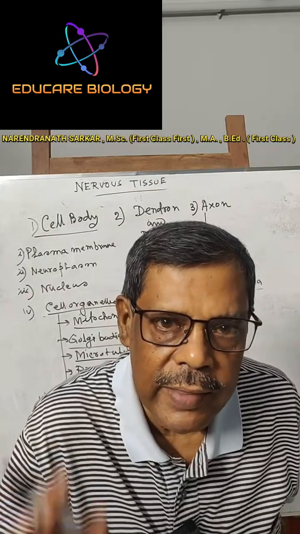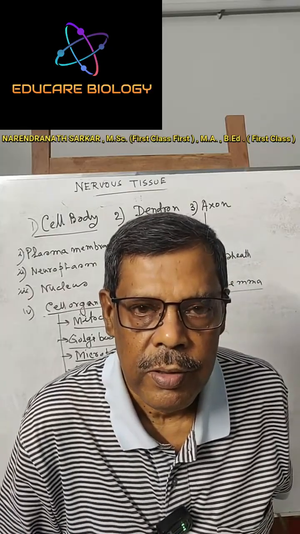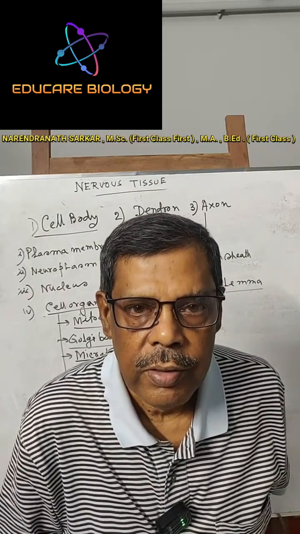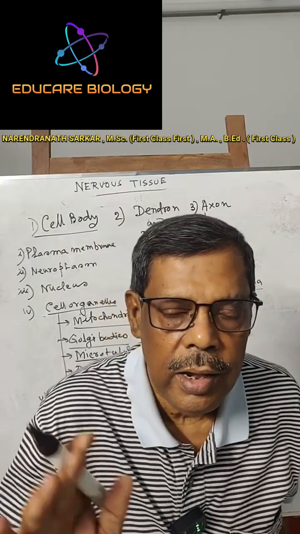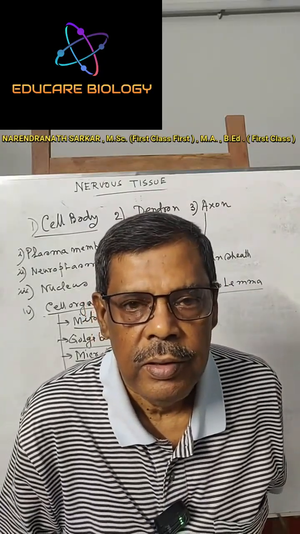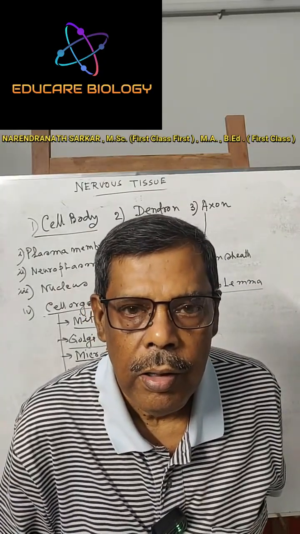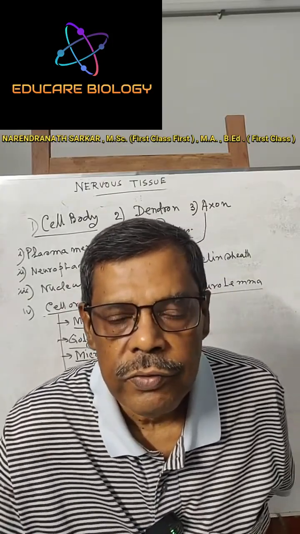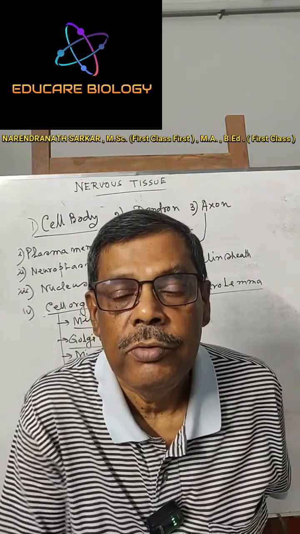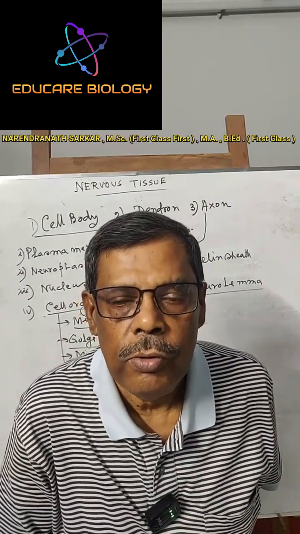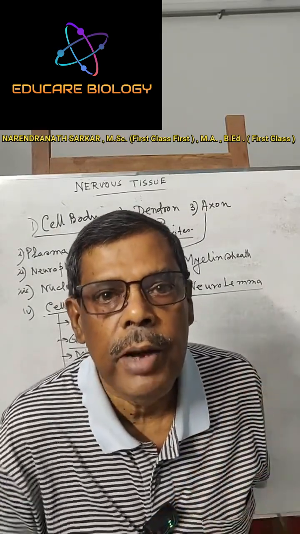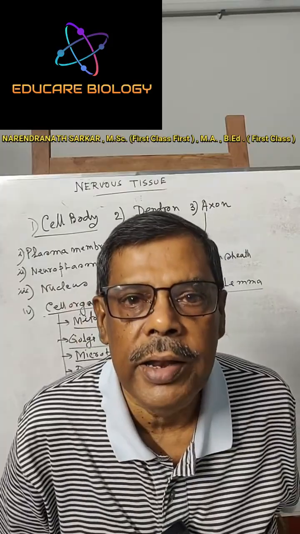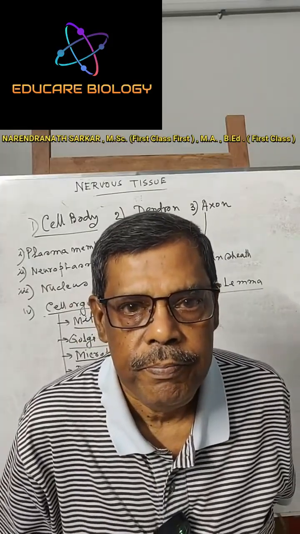It is found only in the PNS, because in the PNS the neuron is spirally covered by Schwann cells. So Schwann cells produce the medullary sheath, the myelin membrane.